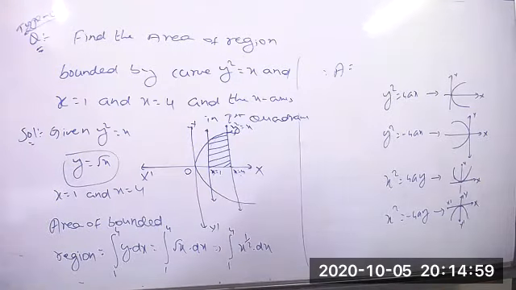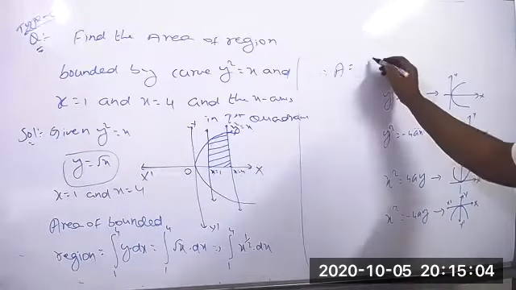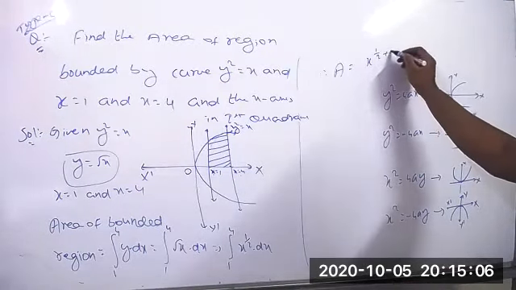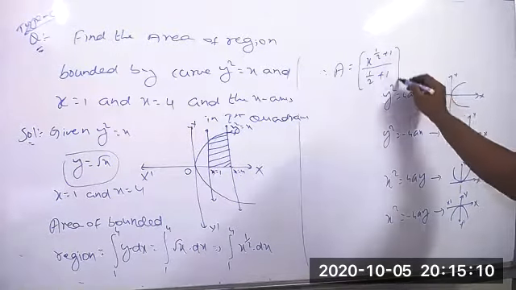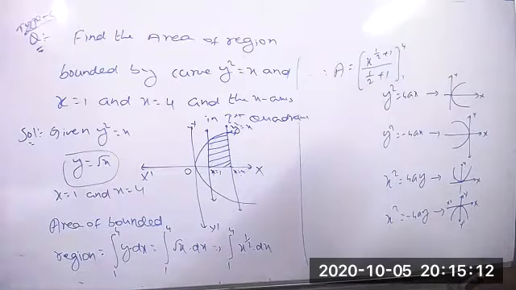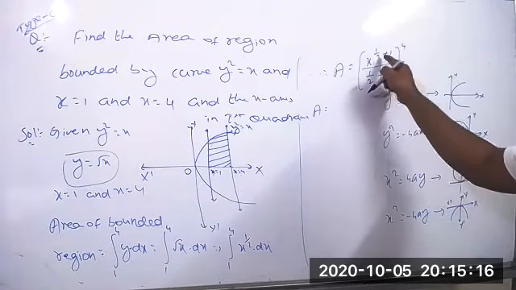Now I can find the area. We can already do the integration part. The limits are 1 to 4, and x power 1 by 2 plus 1 gives 3 by 2.